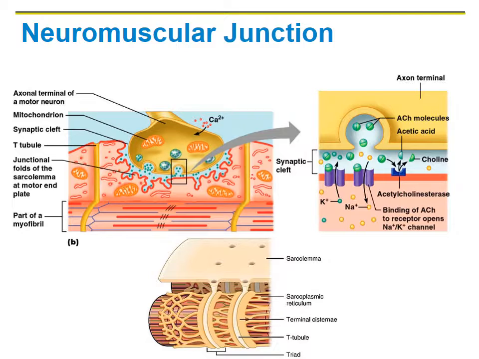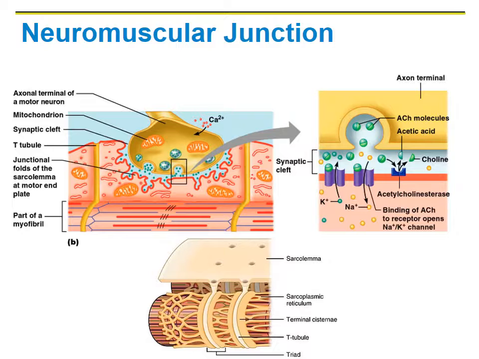That neurotransmitter diffuses across the synaptic cleft to its receptor on the postsynaptic membrane. In this instance, the postsynaptic membrane is the sarcolemma at the motor end plate.